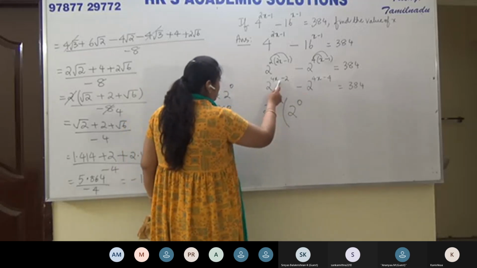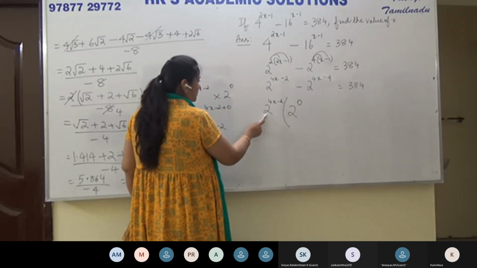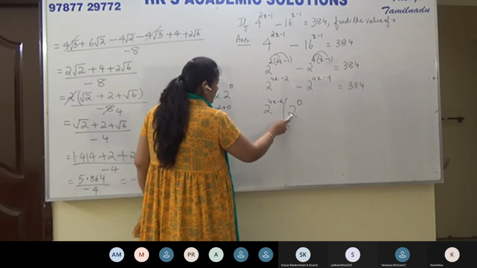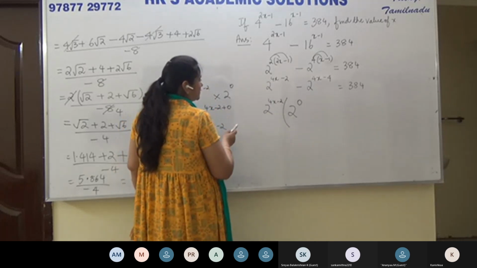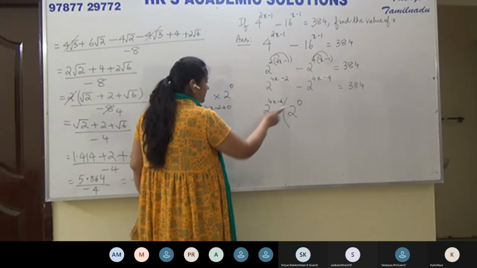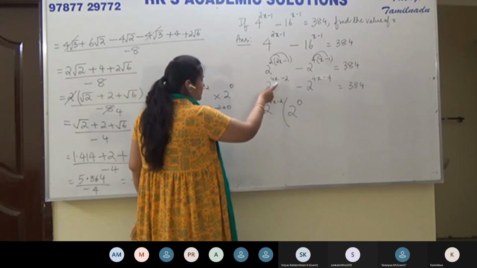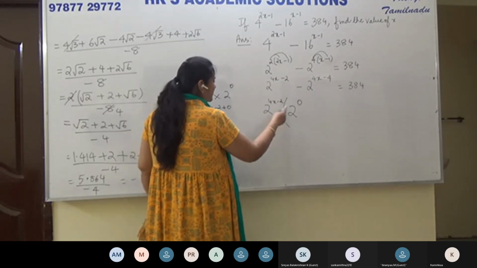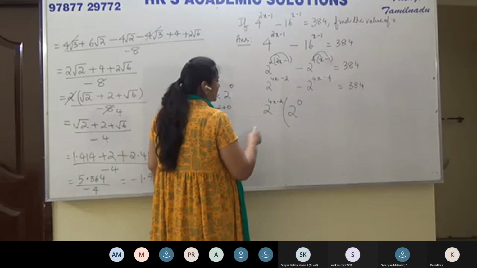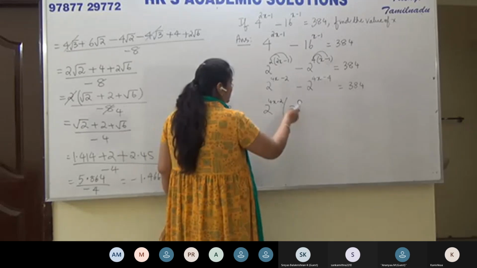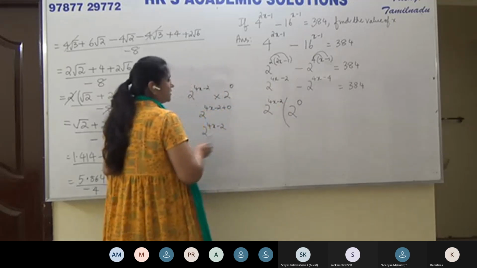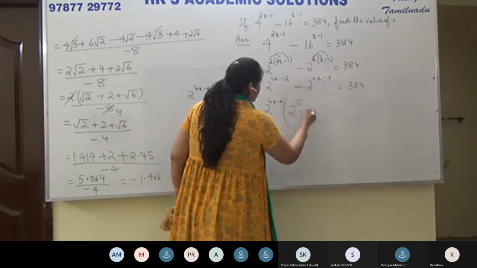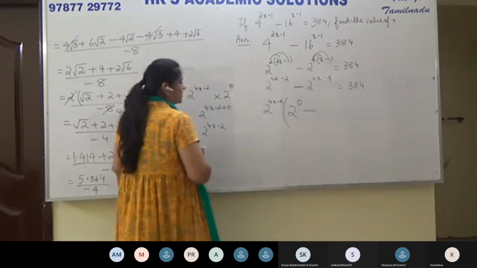Between these two terms, I'm bringing out 2 to the power 4x minus 2 common. This into what will give us the first term? Since this itself is common, into 1. And 1 is written as 2 to the power 0. In exponents, we know that anything raised to the power 0 is 1, so we write 1 as 2 to the power 0. Minus, the sign here is minus, so minus.